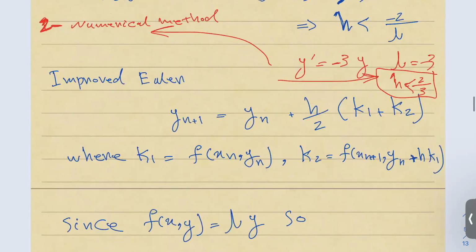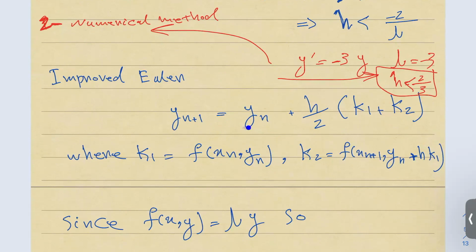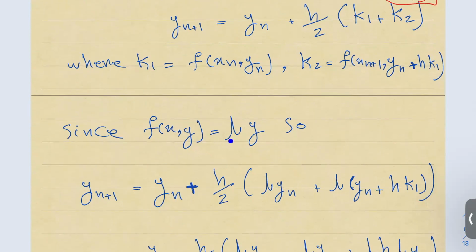So the improved Euler method: yn plus 1 equals yn plus h over 2 times k1 plus k2, which is the same as the formula. So k1 is this guy, k2 is the tricky one: xn plus h, yn plus h times k1. So what was f is lambda y.